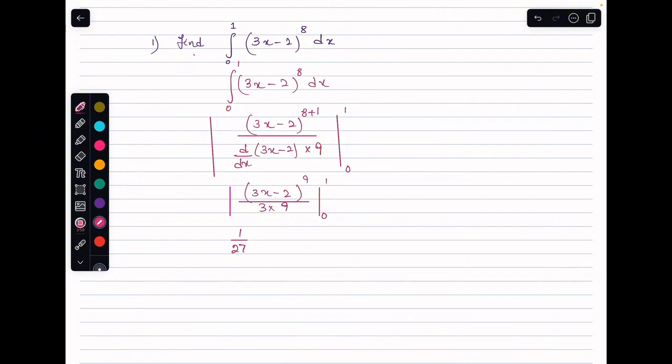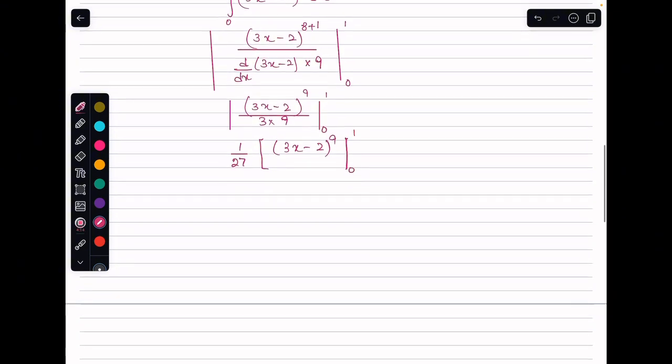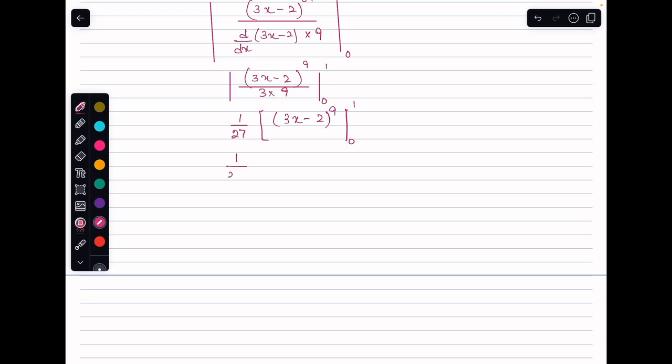I can just write it outside, so that here I am left with (3x minus 2) to the power 9, and the limits here from 0 till 1. So now I can say it's 1 by 27, and substituting the upper limit, this becomes (3 times 1 minus 2) to the power 9, and then it should be a negative, and (3 times 0 minus 2) to the power 9.